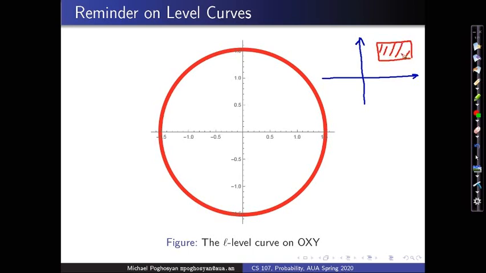Here my function is 1, and say here my function is 3, so 3 here, and 0 outside. I'm giving this in a two-dimensional set, but I'm describing the level curves or contours of that function.